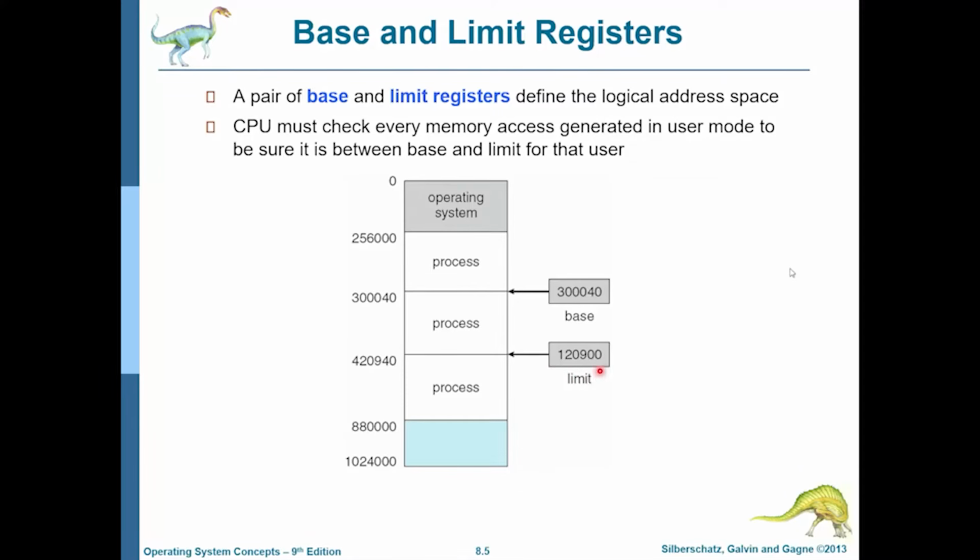What does that mean? It can access this address 300040. It can access all the memory addresses between this address and this address plus the limit. This address plus the limit is equal to 420940.